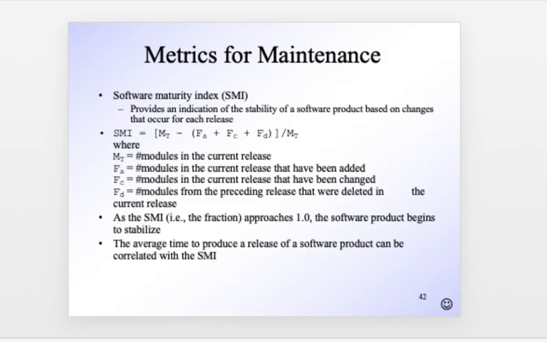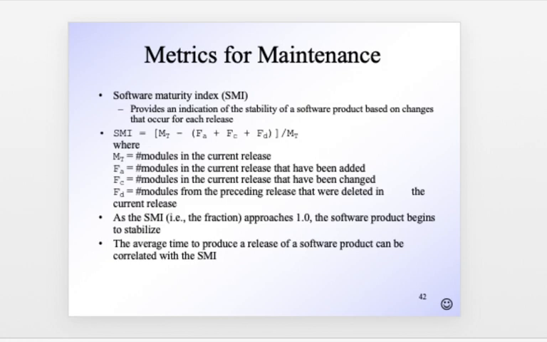So what do you get? You get a numerical value again, or a fractional value also sometimes, 0.5, 0.6, or at the max 1. You will get a maximum of 1 when FA plus FC plus FD is 0, then you get MT divided by, again, MT, so you will get a value 1. So what is the conclusion?